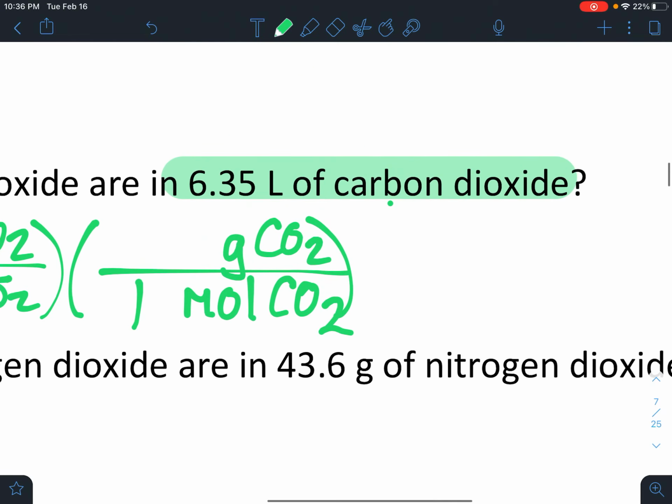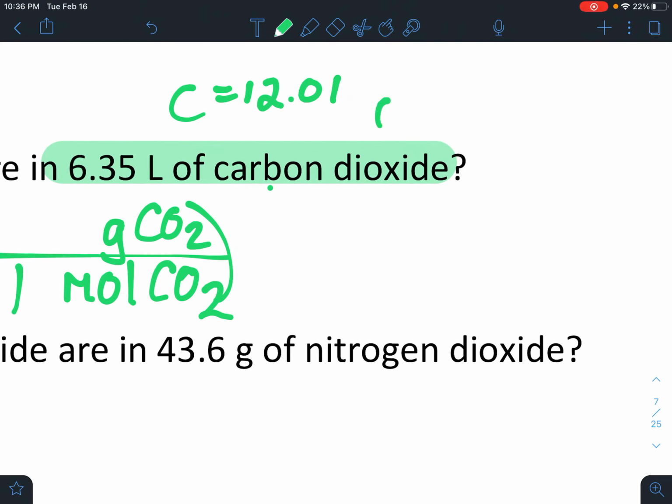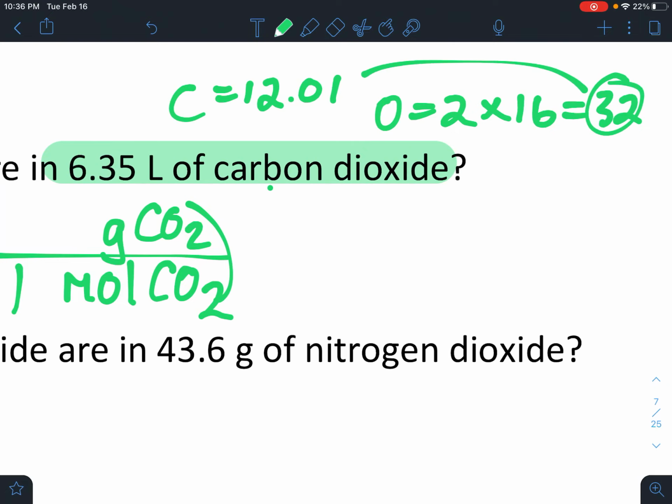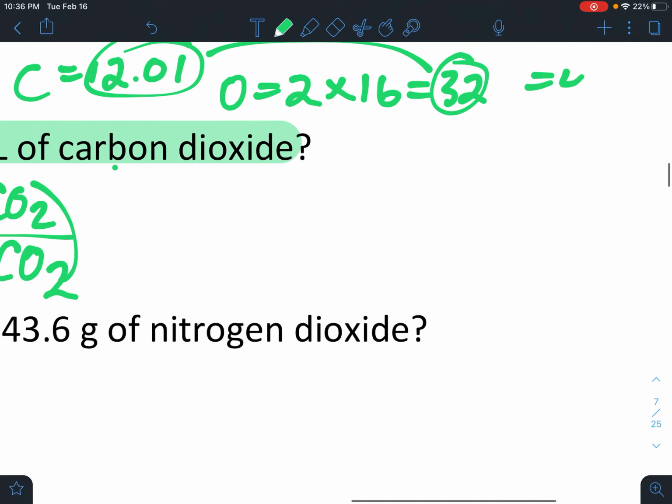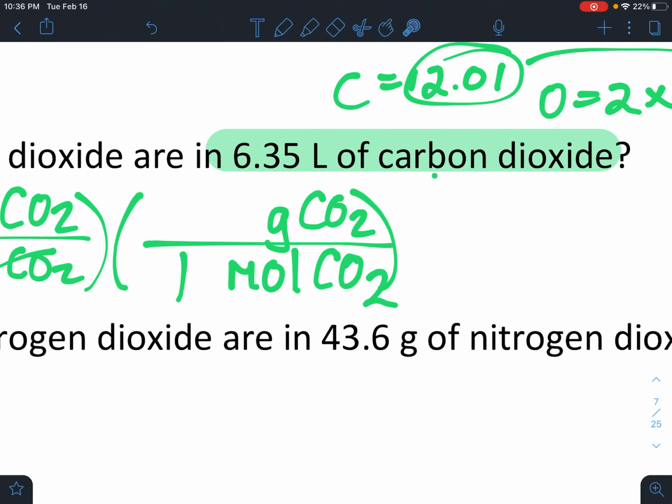When we calculate the molar mass of CO2, carbon equals 12.01, and there's only one of them. Oxygen, there are two of them, and they each have a mass of 16, so that's 32. So 32 plus 12.01 is 44.01 grams per mole, which is why we have the mole down here.